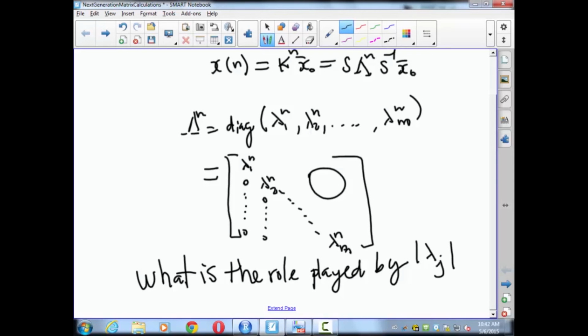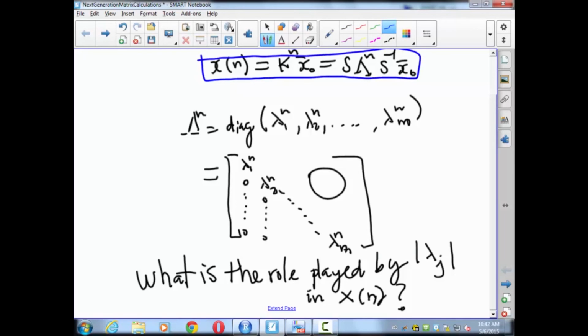What is the role played by the distance, the modulus, of lambda sub j in x at n? What we're interested in is the solution. This is the solution of the matrix model describing the process.